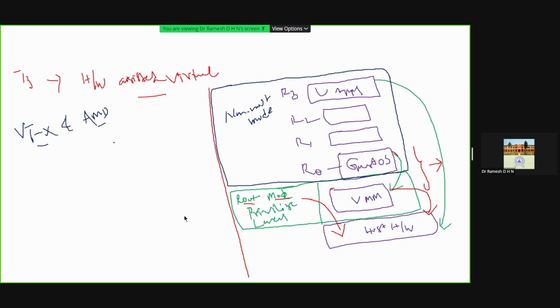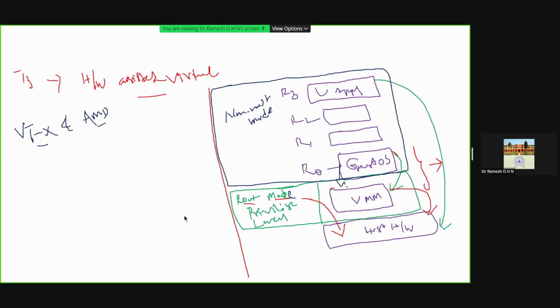target privileged instructions with a new CPU execution mode feature that allows the virtual machine monitor to run in a new root mode below ring 0.